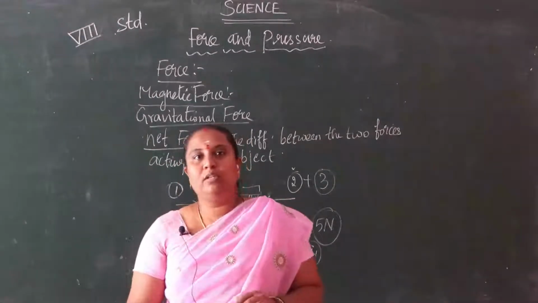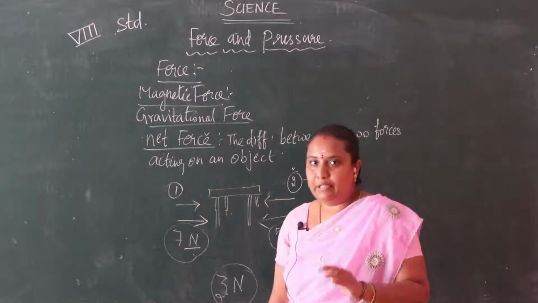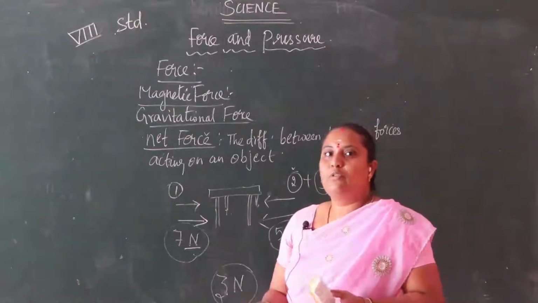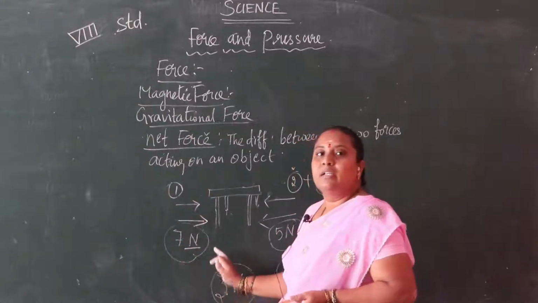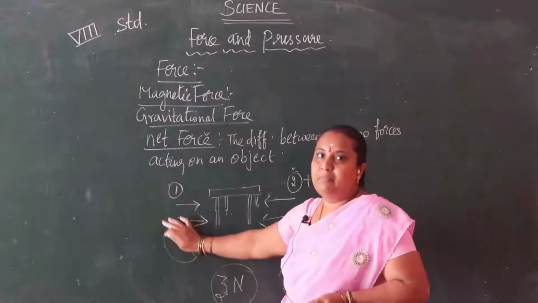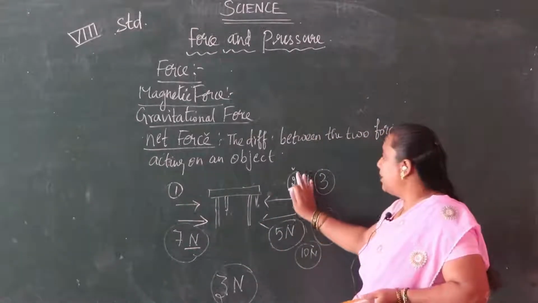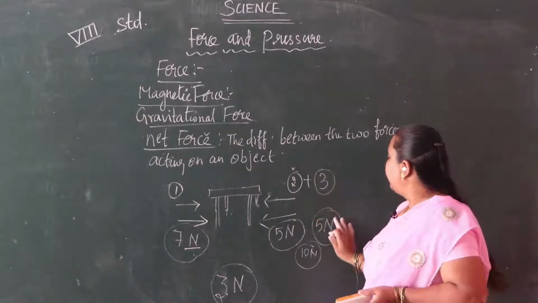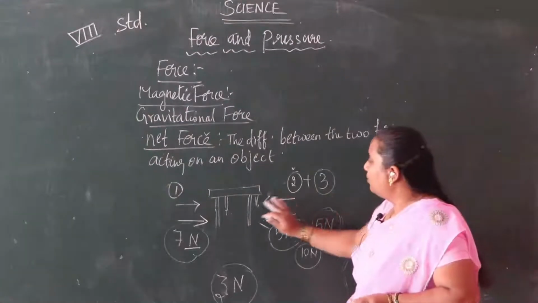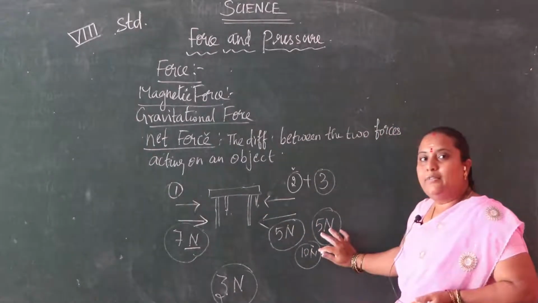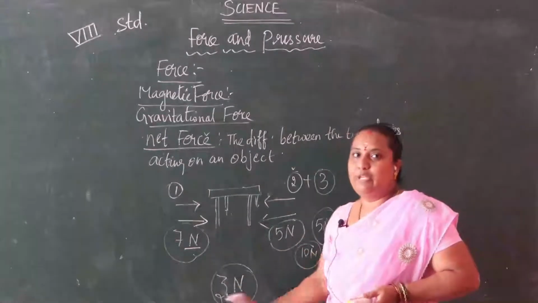One more thing I will say: force has a magnitude, a value. Without a value, force cannot be applied. So here 7 newtons of force is applied by child 1, 5 newtons by child 2, and 5 newtons by child 3. On one side we have 7 newtons, on this side 10 newtons, and the net force of these two forces is 3 newtons.